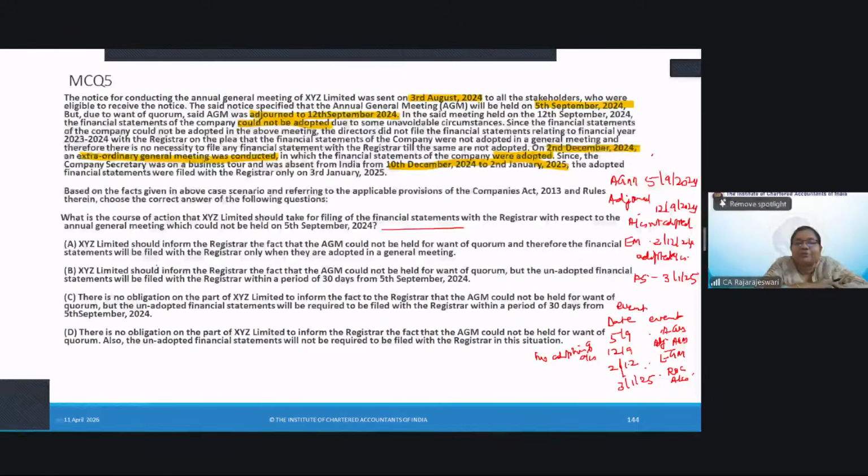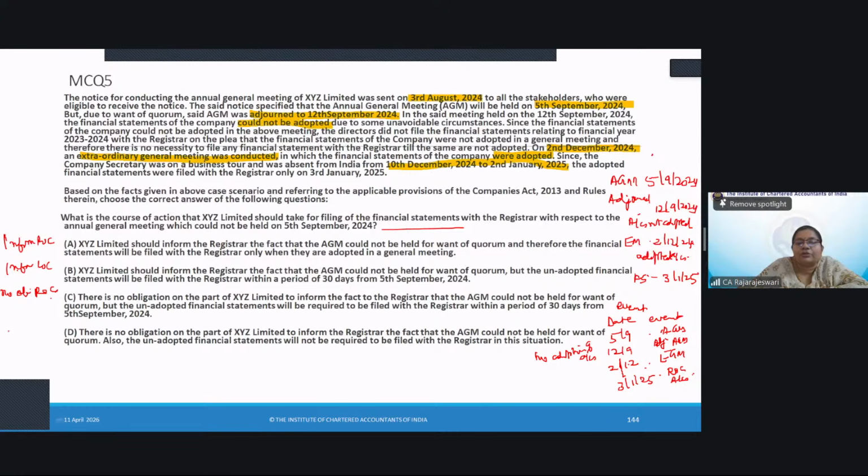Option B: should inform the registrar that the AGM could not be held for want of quorum, but the unadopted financial statements will be filed with the registrar within a period of 30 days from 5th September. See, A and B talk about the obligation to inform ROC. The C and D talk about no obligation to inform ROC.